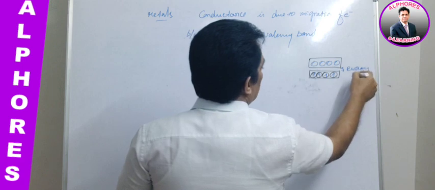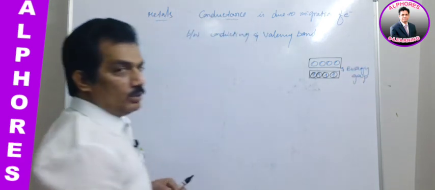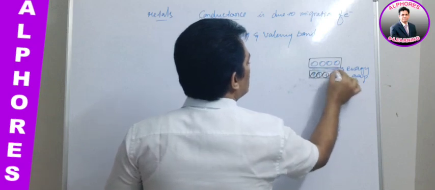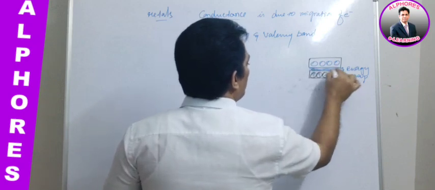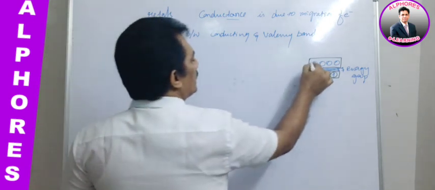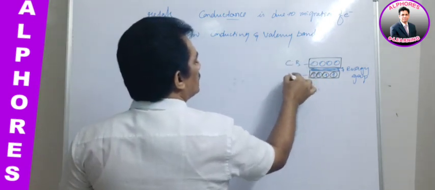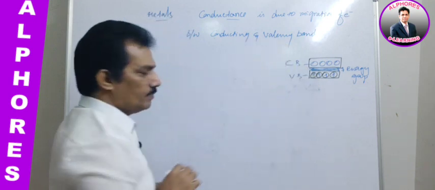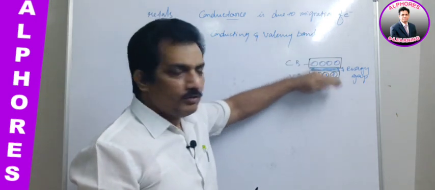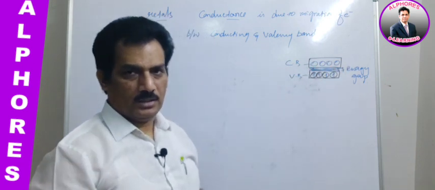In case of metals, there is no such gap. It is reachable at almost every temperature. Easily the electron can migrate to the conducting band, Cb, from the valence band, Vb. So in metals, the electron migration between these two bands creates the conductance.